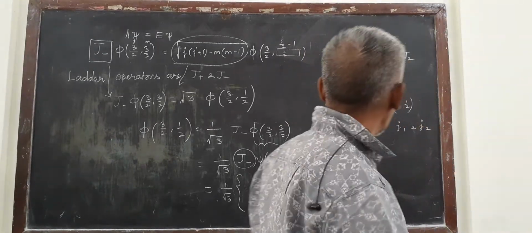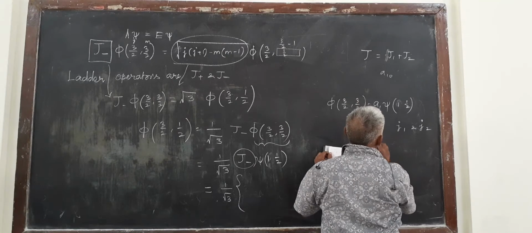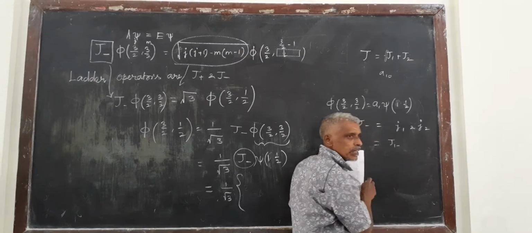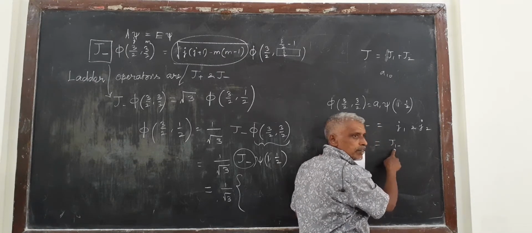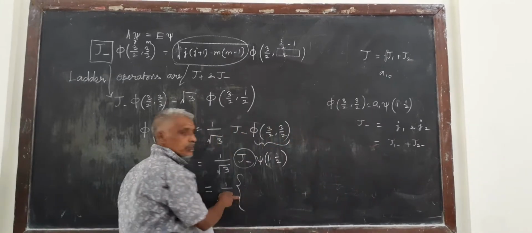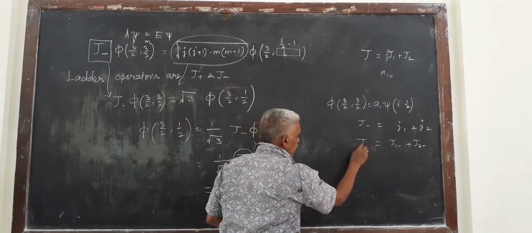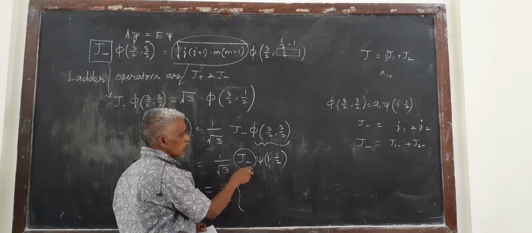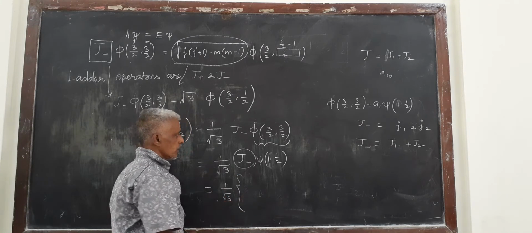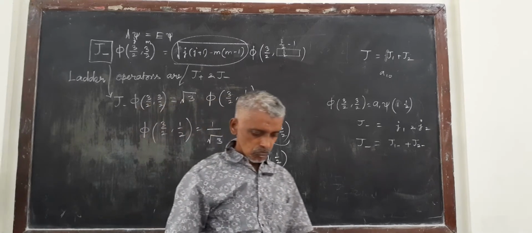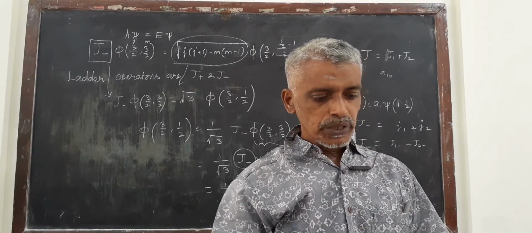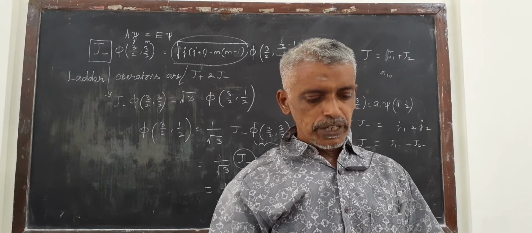From equation number 2, you took it as J1 minus plus J2 minus.